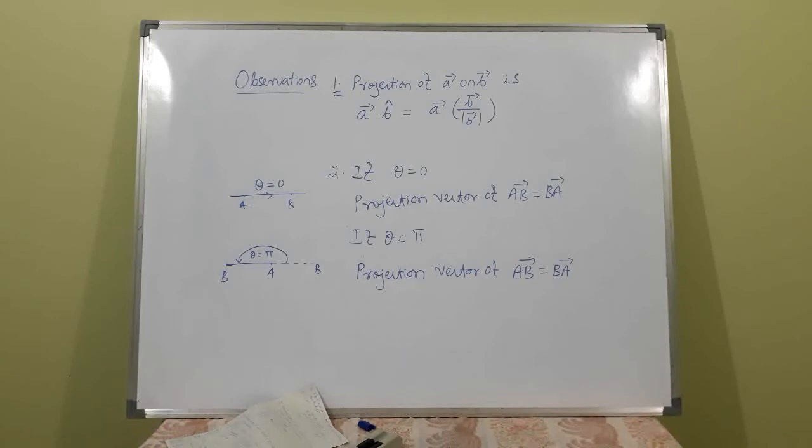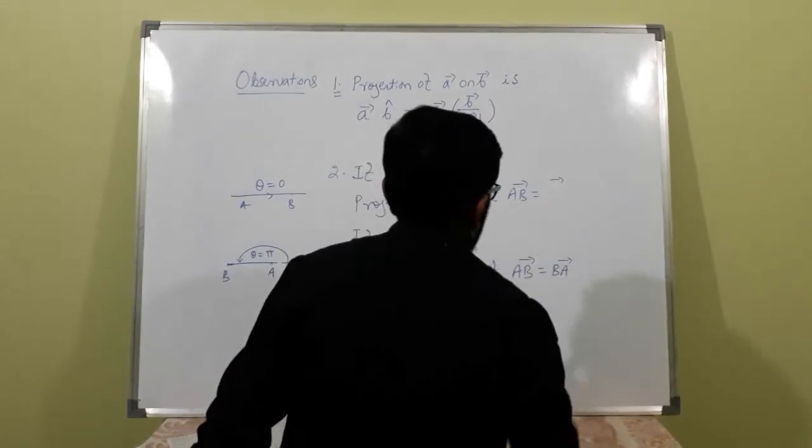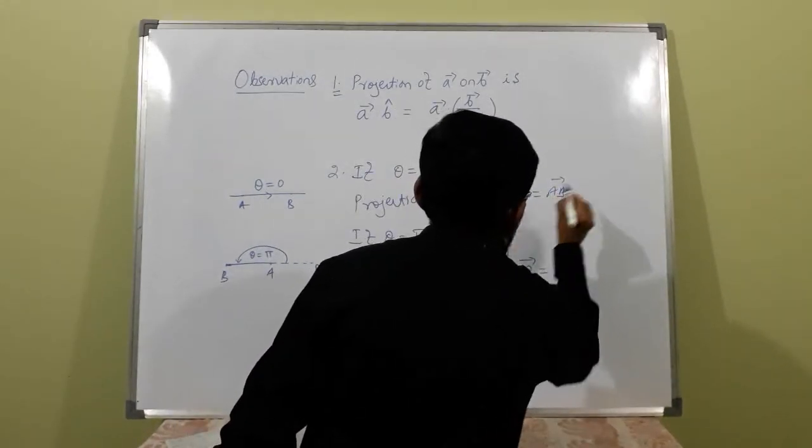Projection of A on B is given by A dot B cap. B cap means the unit vector along vector B, that is, vector B divided by its magnitude. Yesterday you studied that the unit vector in the direction of A is given by vector A divided by modulus of A. Similarly for B. If theta is 0, then the projection of AB is AB only, because that coincides.